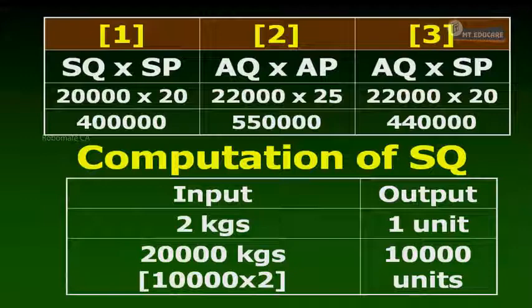Point number 1. The company produced 10,000 units by spending how much rupees? 5,50,000 rupees.